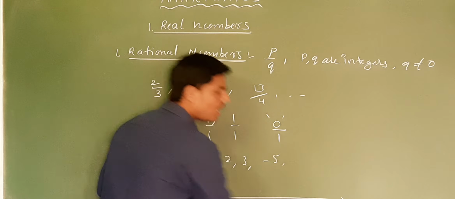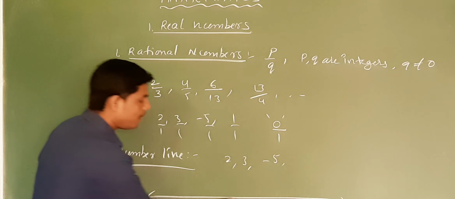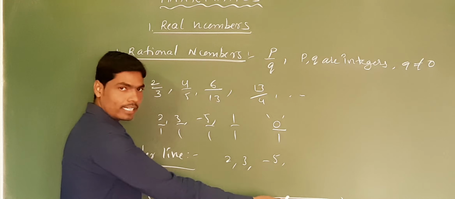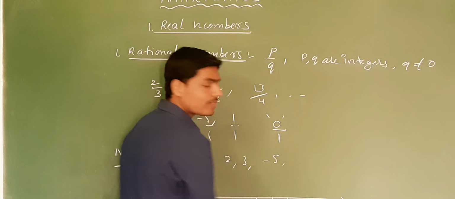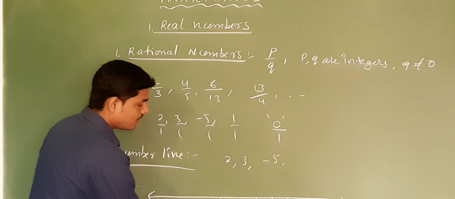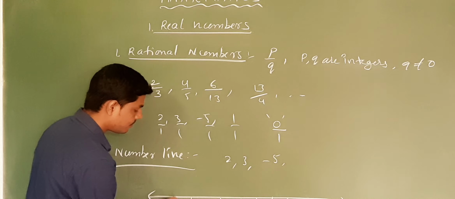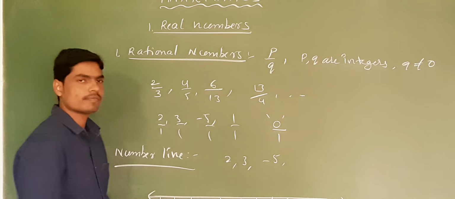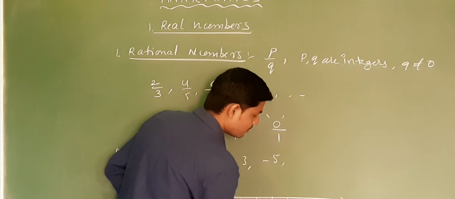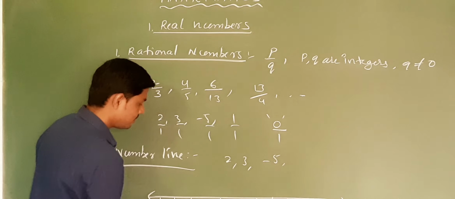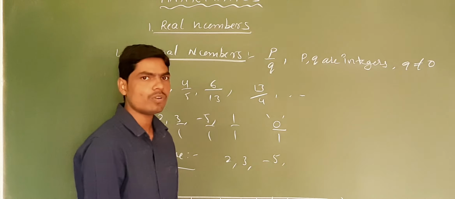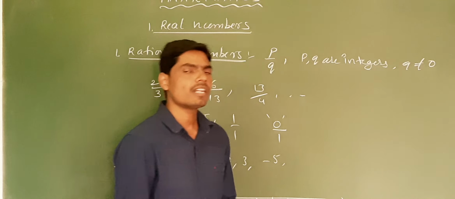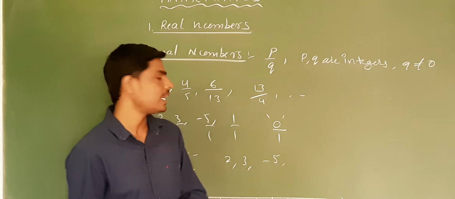We already know this well. 0 will be in the middle, on the right side positive numbers, on the left side negative numbers. These are positive numbers, these are negative numbers, and the middle 0 is neutral, that means neither positive nor negative.